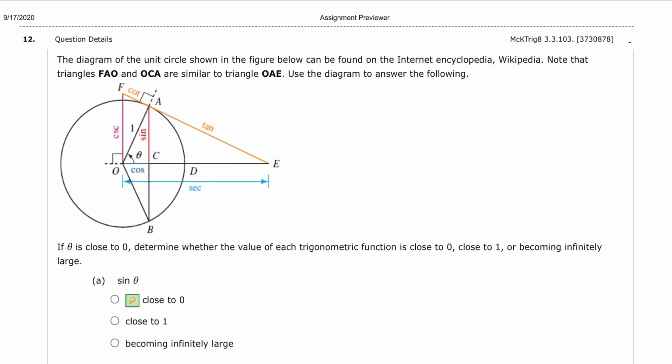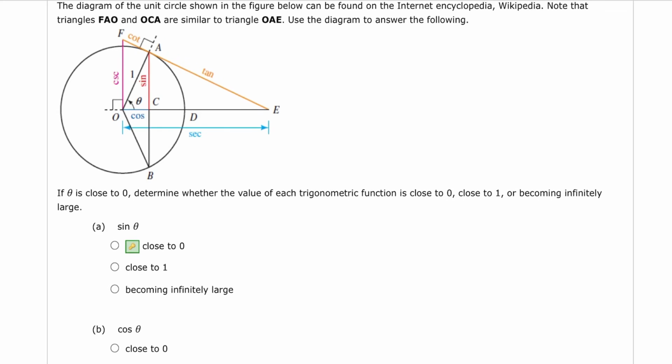All right, cosecant. What happens to cosecant? Well, cosecant is 1 over sine, right? The reciprocal of sine. So if sine is getting smaller and smaller and getting closer and closer to 0, well, the reciprocal of sine is cosecant. So cosecant is equal to 1 over sine, but sine is getting closer and closer to 0.